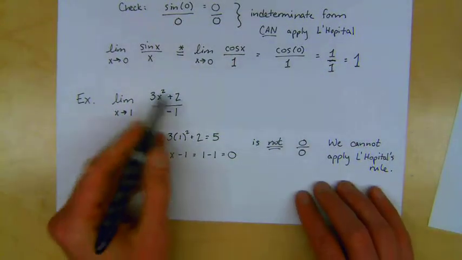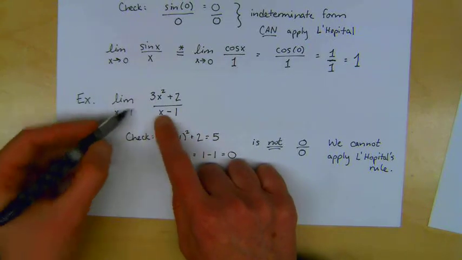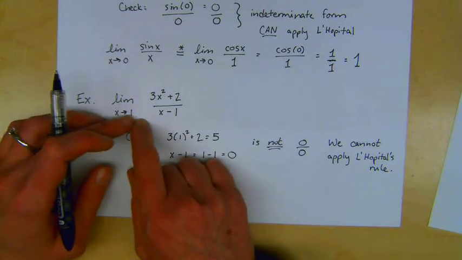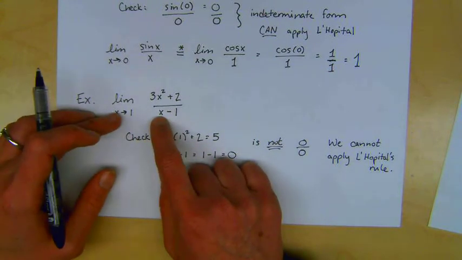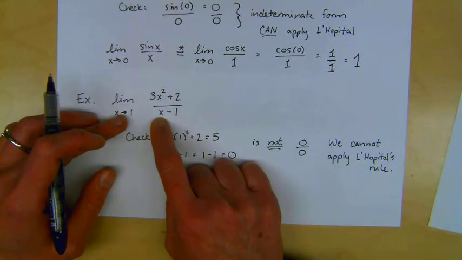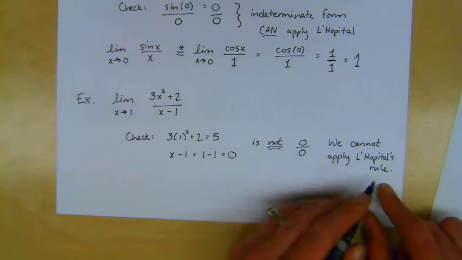And in this case, the reason is that this limit doesn't exist. It shoots off to negative infinity as x approaches 1 from the negative side, and as x approaches 1 from the positive side, it shoots off to positive infinity. Anyway, this limit doesn't exist, and applying L'Hopital's rule would give us a false solution.